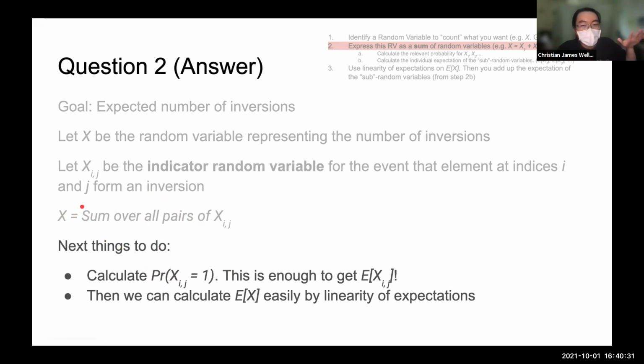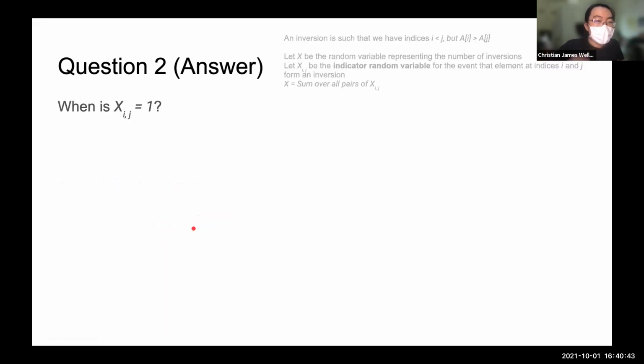You see this for many weeks, so I hope you get up to this far. If you ever face a randomized problem, hopefully you get up to this far. The challenge here is finding the probability of this. So when is X_ij equal to 1? Recall X_ij is the indicator random variable that the elements at index i and index j form an inversion.